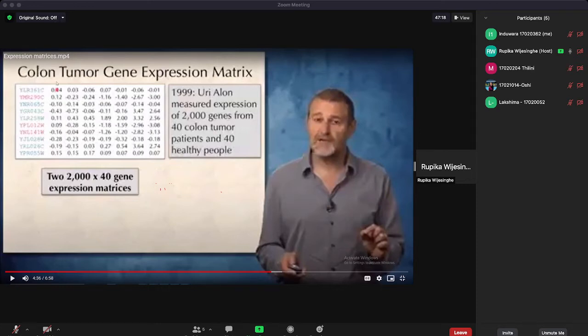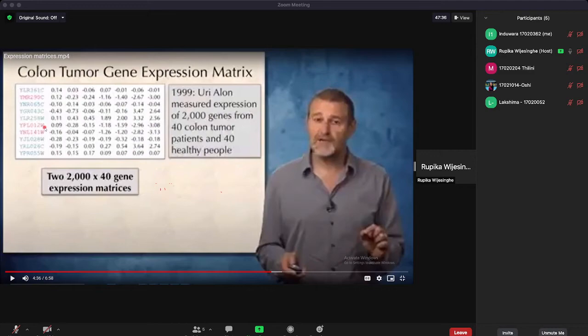So yes, in the columns you have patients or samples, and in the rows you have genes. Here they say this is a 2000 into 40 gene expression matrix.